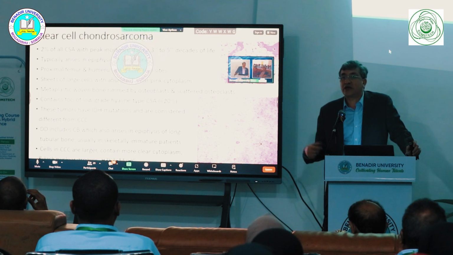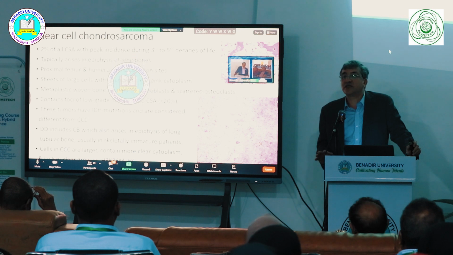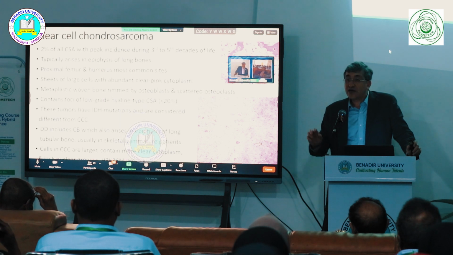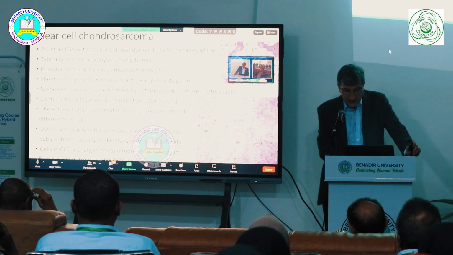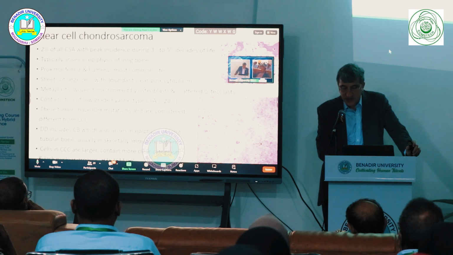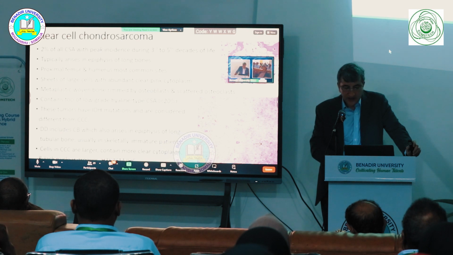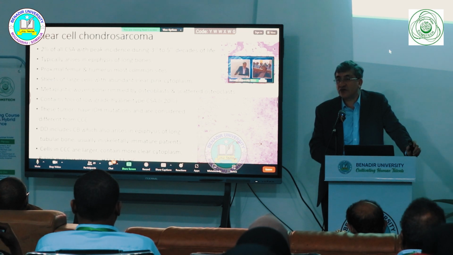So then we sent him the literature. This is the known fact in this tumor: clear cell chondrosarcoma shows conventional chondrosarcoma in less than 20% of the areas. So when a tumor occurs in the epiphysis and is cartilaginous, your differential should also include this tumor.